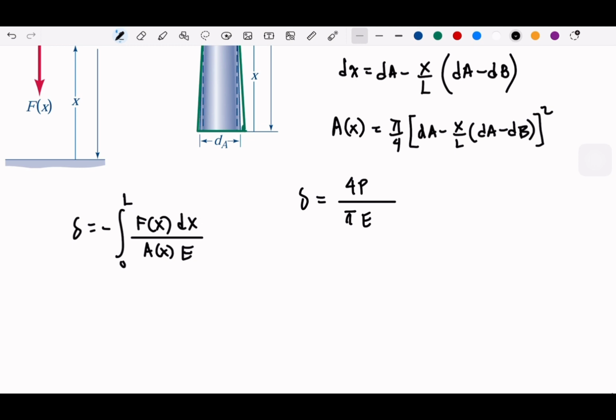So pi over 4 will be 4 over pi, and taken outside, factorized from the integrations, and this will be 0 to L, and this will be dx.